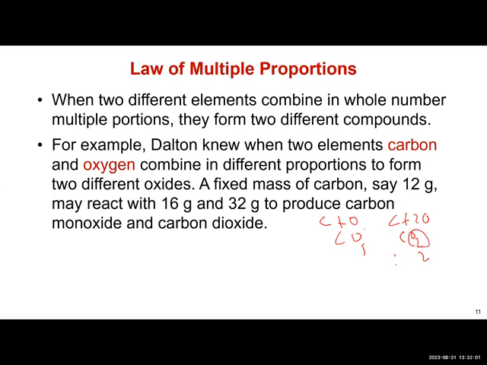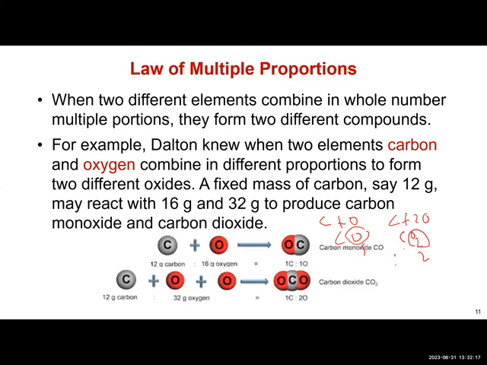That's a multiple proportion, the idea explained by Dalton. One atom of carbon with one oxygen gives carbon monoxide, and one atom of carbon with two oxygens gives carbon dioxide.